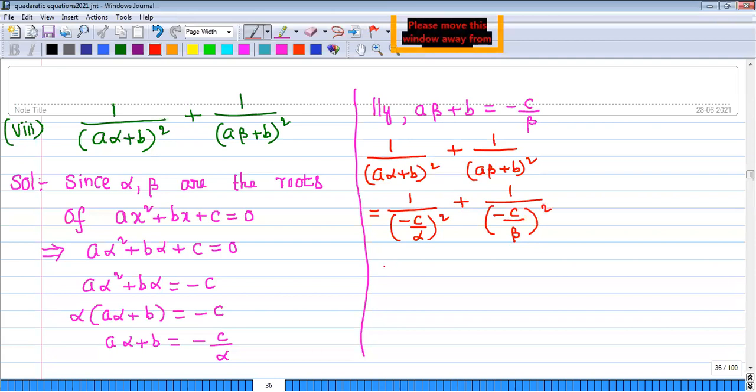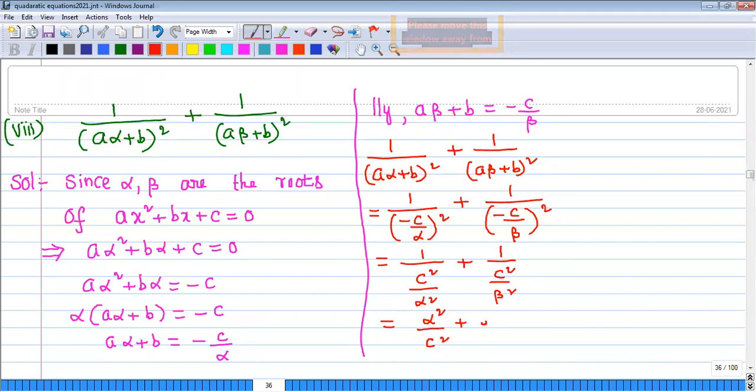Just simplify. You will be getting 1 upon c square upon alpha square plus 1 upon c square upon beta square. Reciprocal, alpha square by c square and beta square by c square you can write.